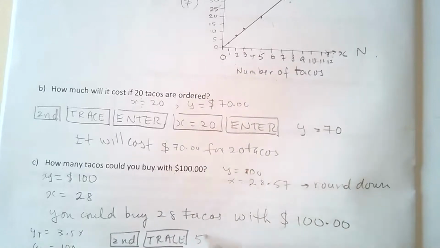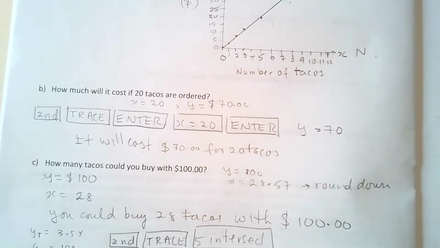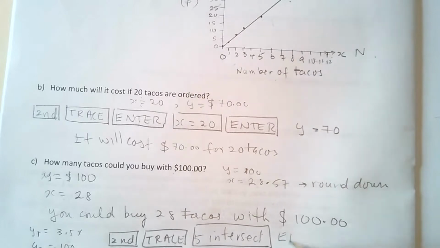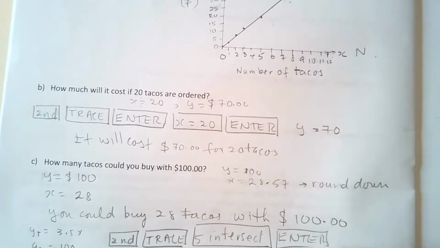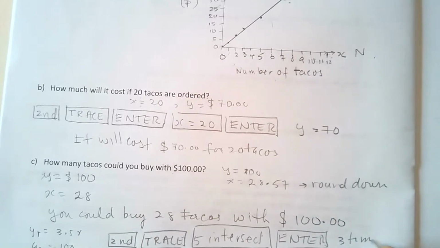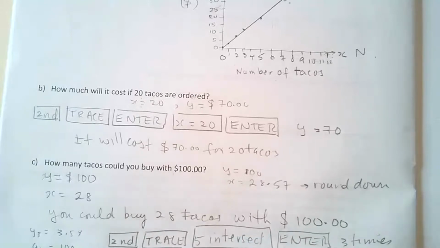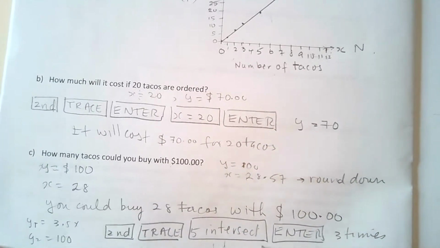You go to number 5, intersect. Then you press enter 3 times. And then it gives us x is equal to 28.57.